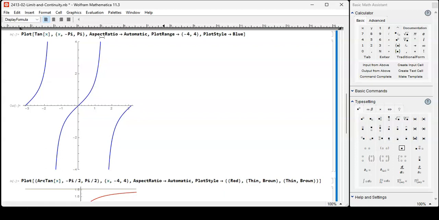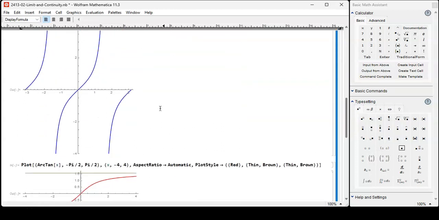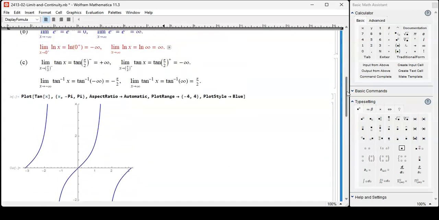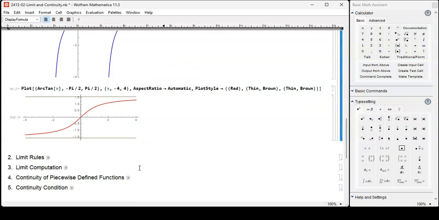Pi over 2 negative is positive infinity. I said it backward. Left-hand side limit, going to positive infinity. Right-hand side limit is negative infinity. That's for tangent. And for arctangent, we have horizontal asymptotes. So to the right versus to the left, going to pi over 2 versus negative pi over 2.